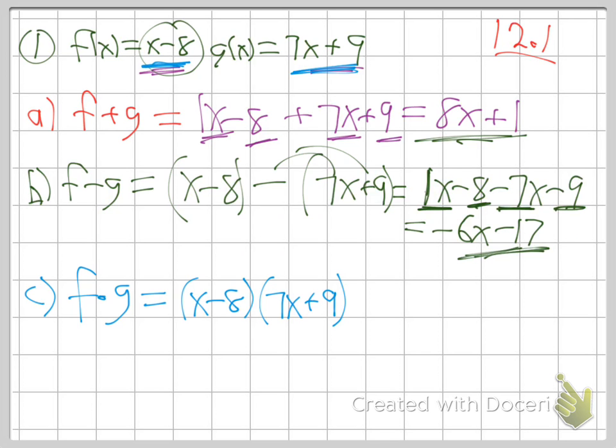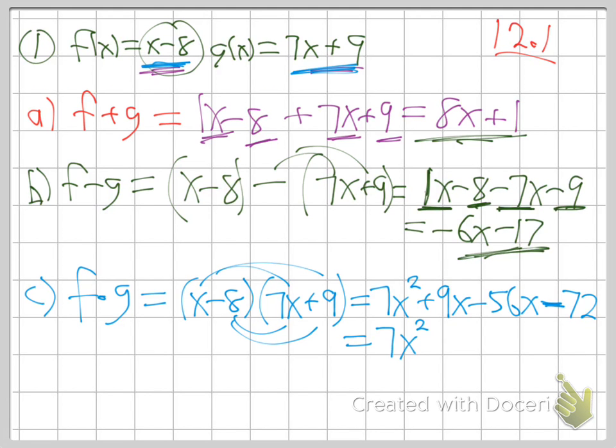So let's distribute. 7x squared plus 9x, boom, boom. Minus 56x minus 72. And we get 7x squared minus some big number, 47x, minus 72, I think.